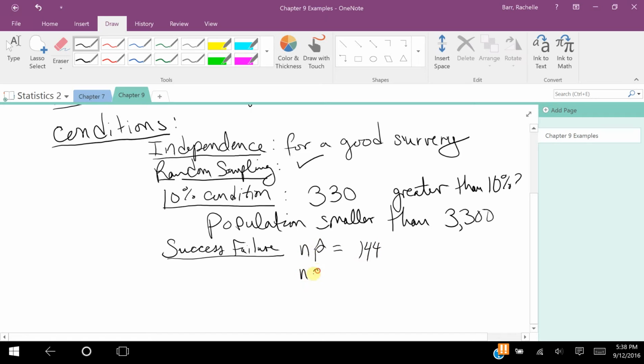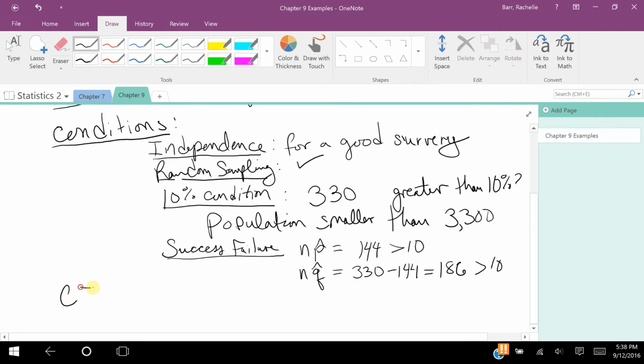And then my number of failures, which is n times q, which is just 144 subtracted from 330, which would be 186. Since these are both greater than 10, we definitely have at least 10 successes and 10 failures, so this is large enough. All right, conditions are satisfied. This means I know I can use a normal model to proceed through this, and so I can go ahead and do my confidence interval.